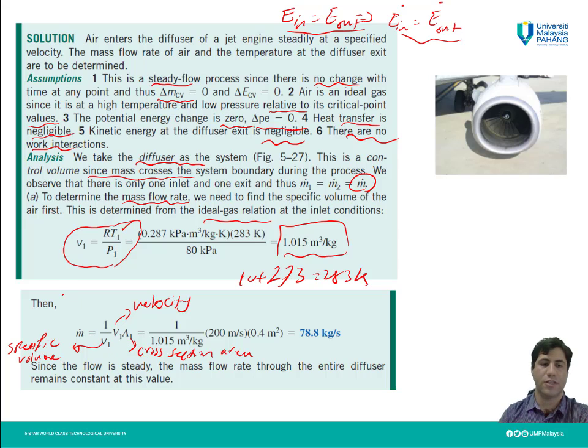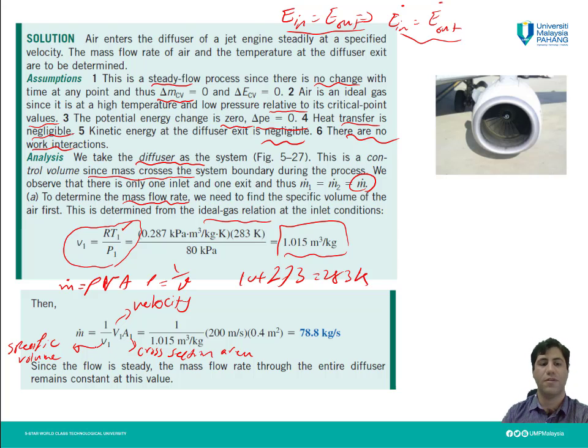And you know this equation, maybe you remember it like this: m dot equals rho V A, rho is the density, V is the velocity of the flow, A is the cross-section area through which the flow is flowing. And as I discussed earlier, density and specific volume are related like this: rho is equal to 1 divided by v.